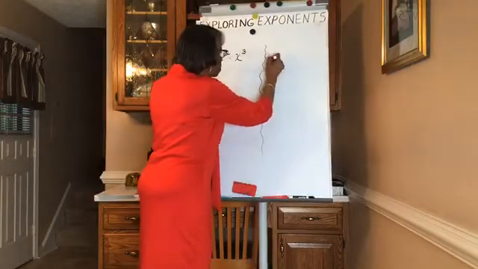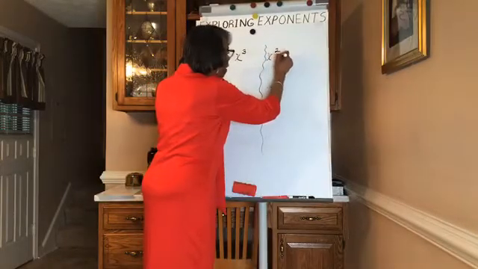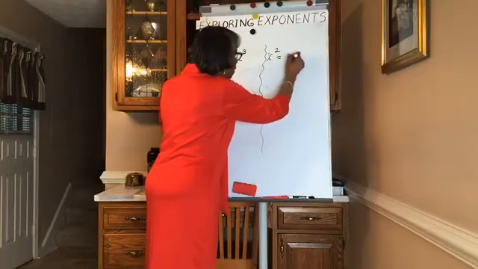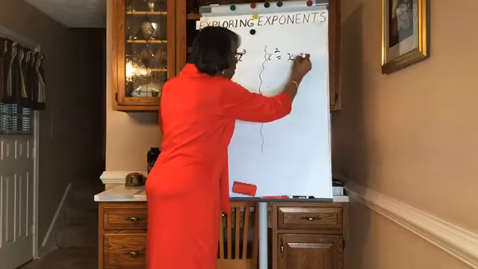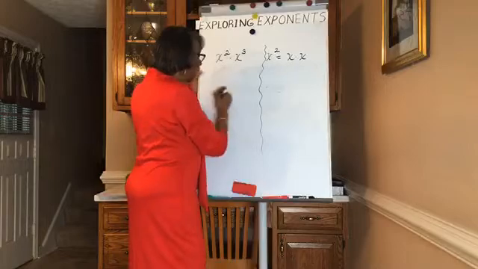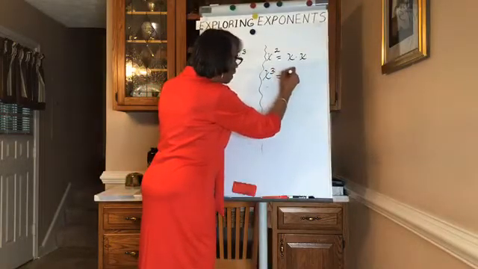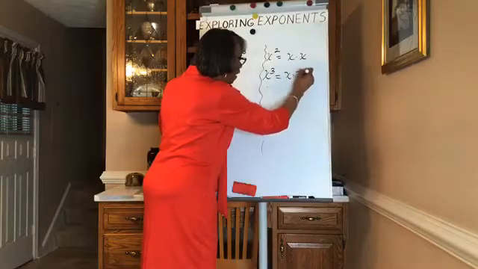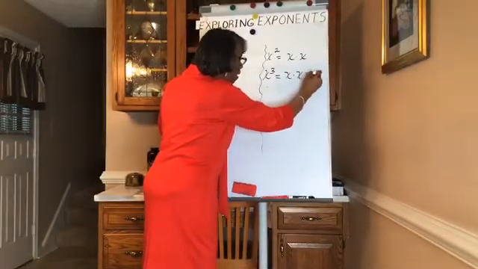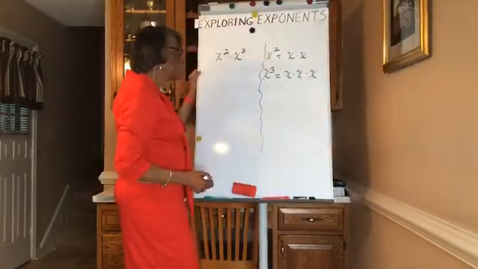Okay, x to the second power is x times x. Okay, and x to the third power is x times x times x. Right.